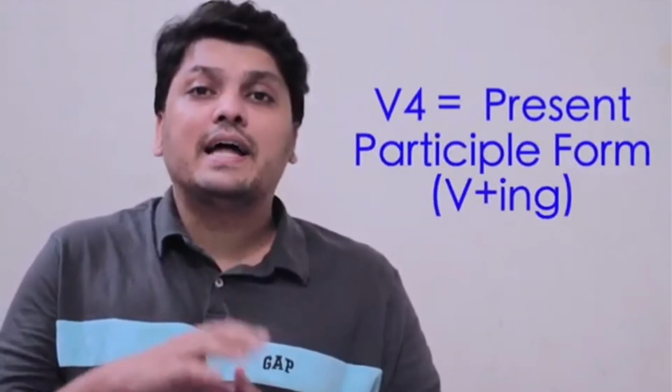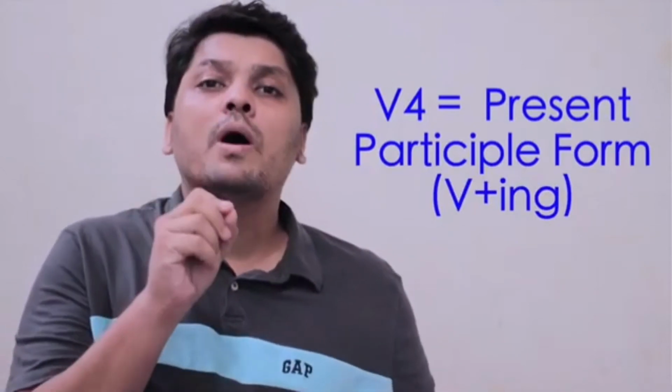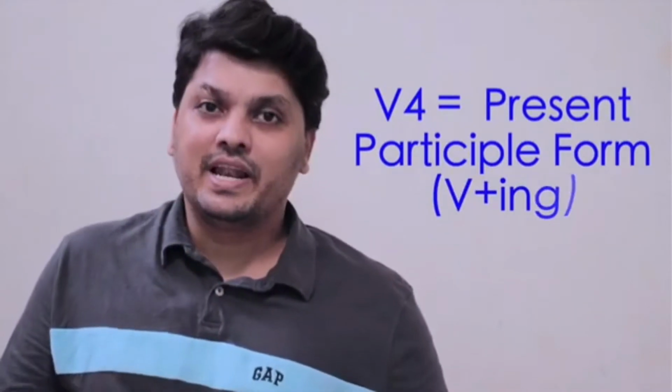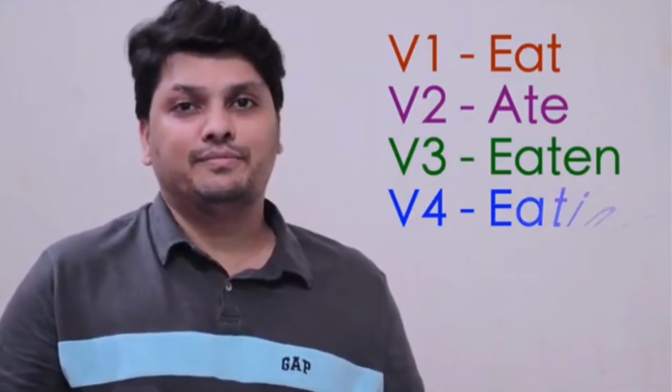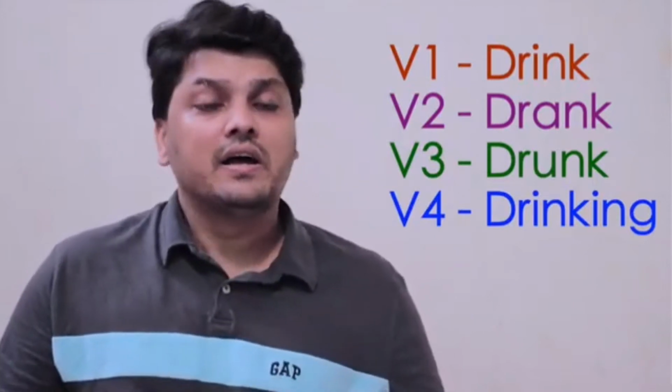This is V3. V4 form stands for present participle. And what is present participle? Verb plus ing. Like for example, eat is V1, ate is V2, eaten is V3, eating is V4. Same goes with drink, drank, drunk, drinking.